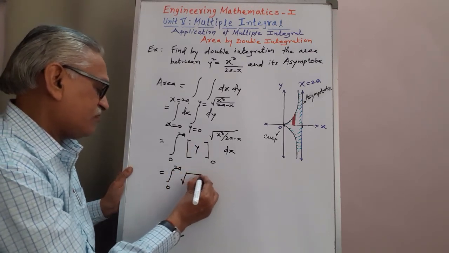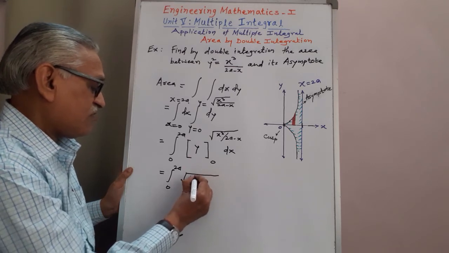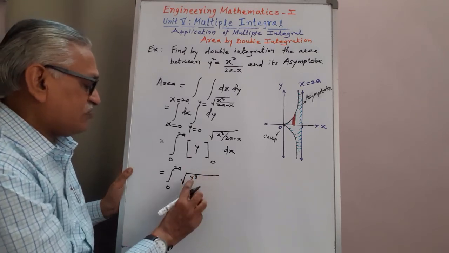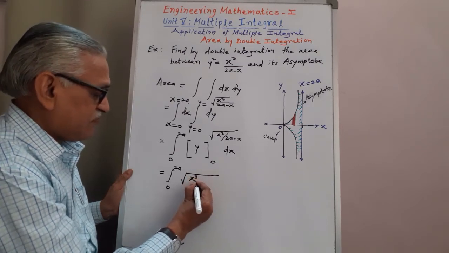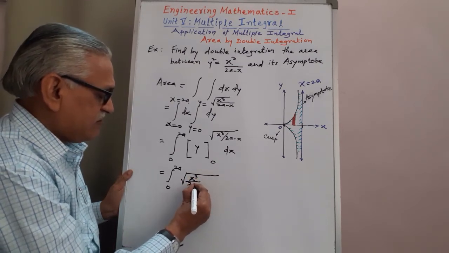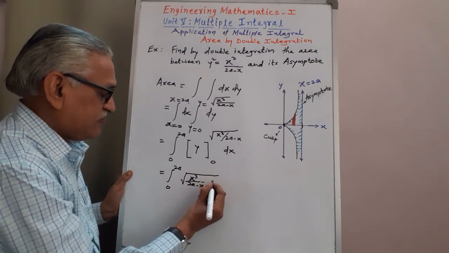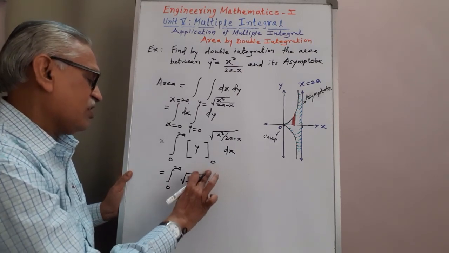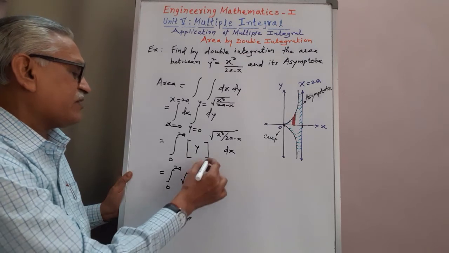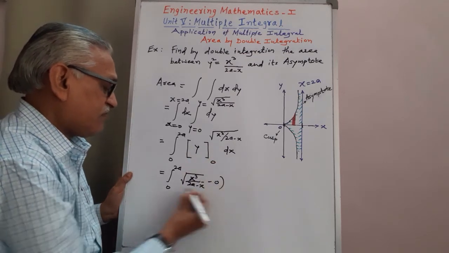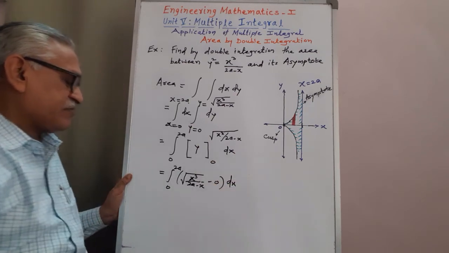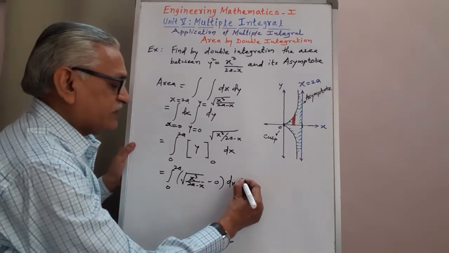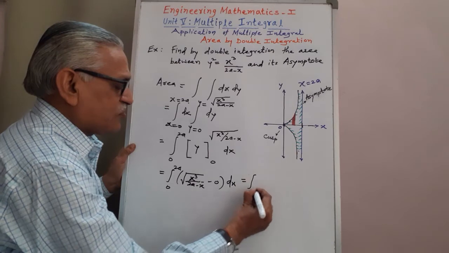root of x cube divided by 2a minus x, minus the lower limit for y at 0, then we integrate with respect to x, so it is integral from 0 to 2a.